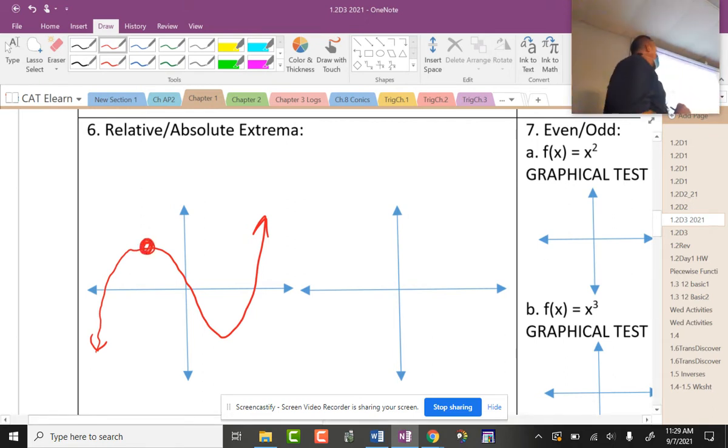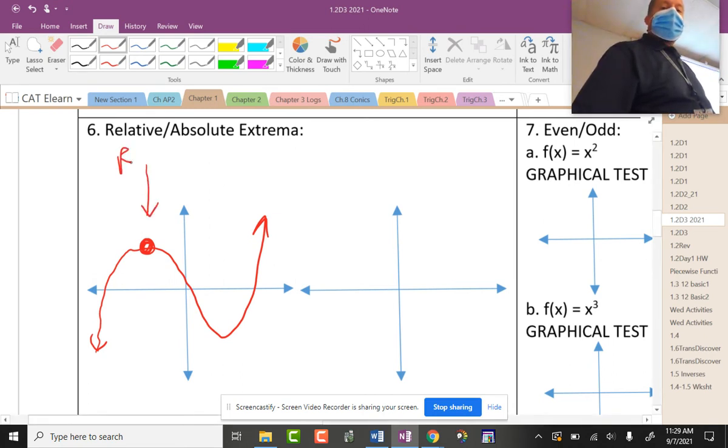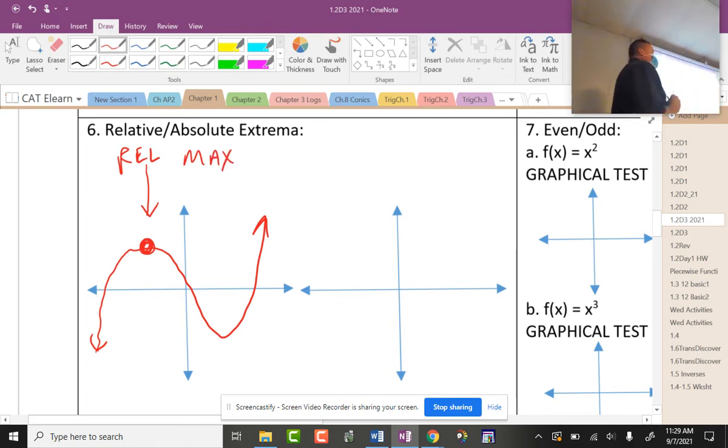Now, first of all, is that a maximum or a minimum? Okay, but is it absolutely the maximum value of this graph? No. So this is why this is called a relative maximum, not absolute. Now I'm going to make up a coordinate.